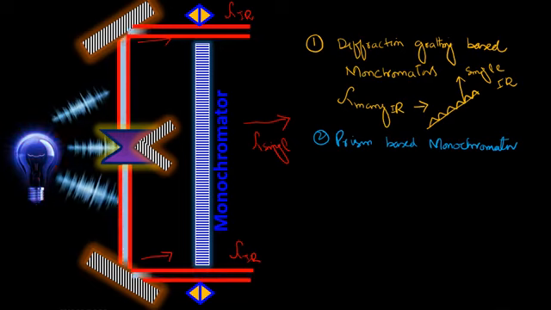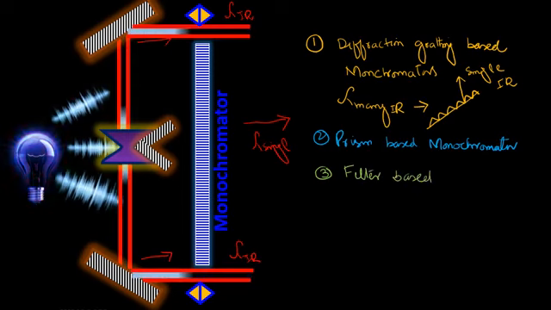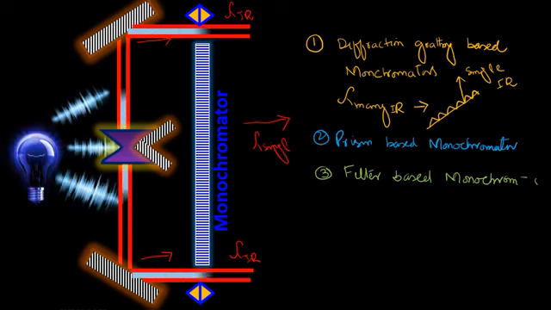The third type of monochromator used in IR spectroscopy is known as the filter-based monochromator. This filter-based monochromator consists of filters.